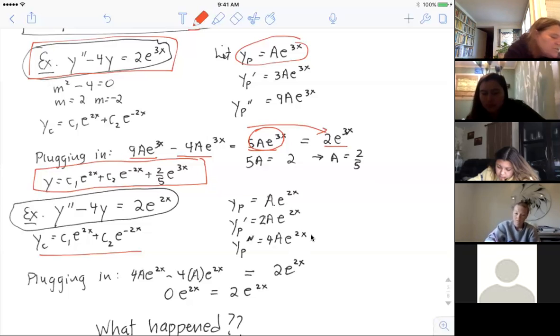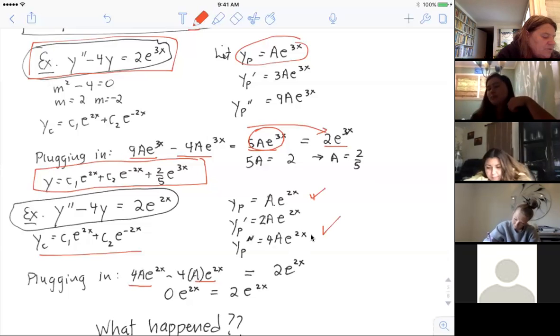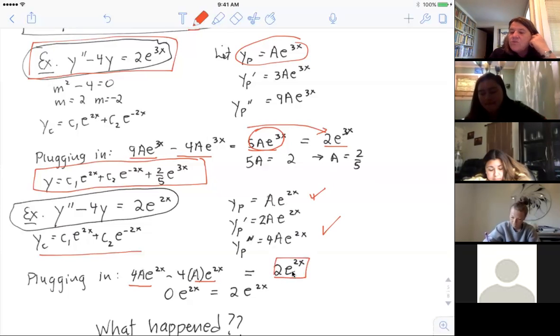I'm going to plug those things in just like I plugged them in up there. Y double prime was this minus 4y. My y was this, a e to the 2x. And I want it to equal 2e to the 2x. I want to match coefficients.